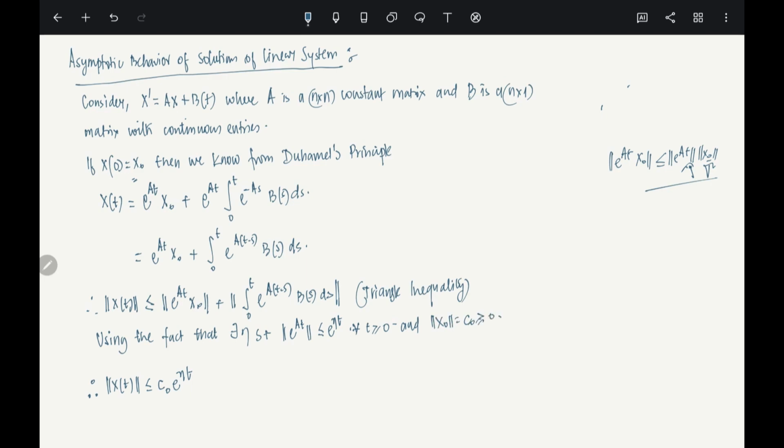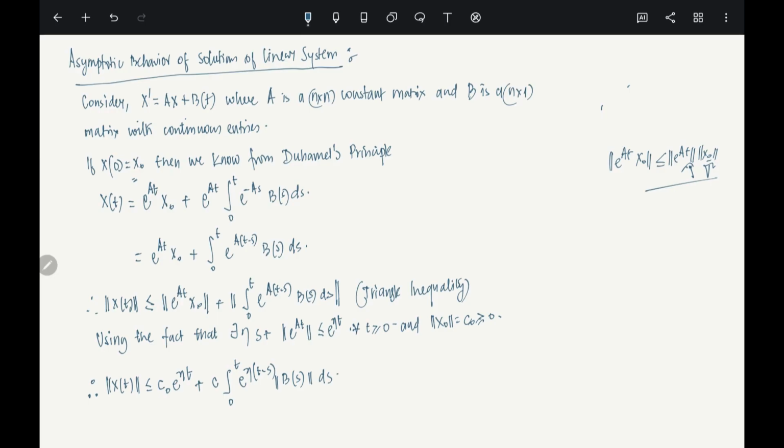Plus we can say that c times the norm of the integral from 0 to t of e to the power eta (t minus s) b of s ds. I'm just taking the norm on both sides and writing it.